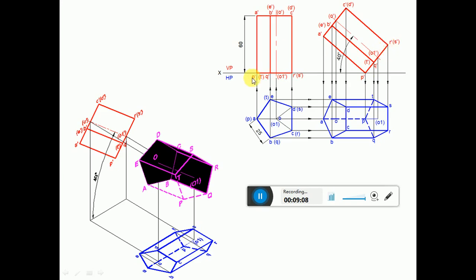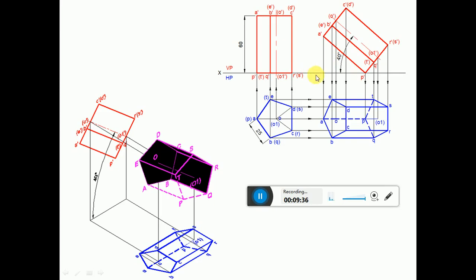Since this distance and A dash C dash distance are the same, from A dash draw an arc of the same radius. Then measure the length from R dash to C dash. With R dash as center, cut an arc on the previously drawn arc to get this point C dash A dash. Then join A dash to C dash, C dash to R dash, R dash to P dash and P dash to A dash with a continuous dark line.